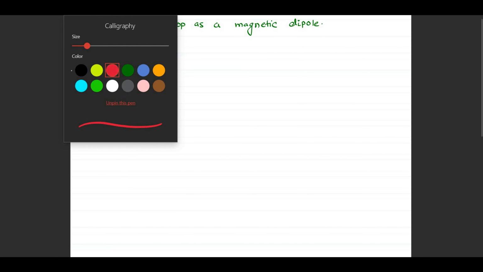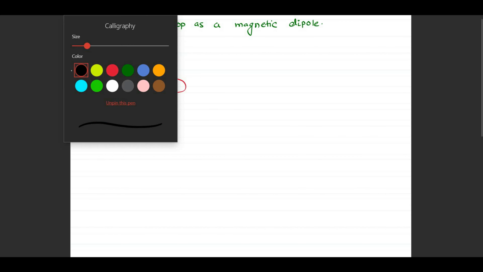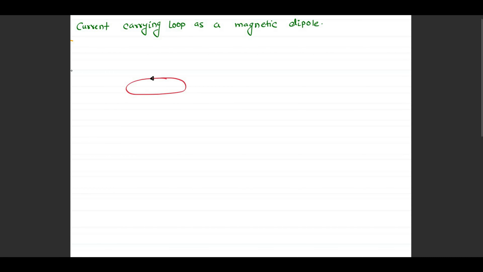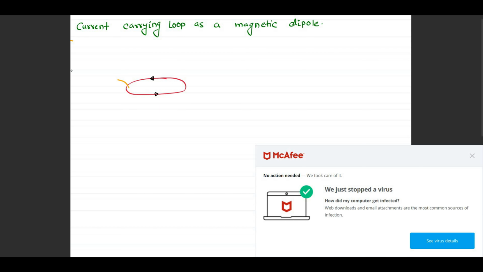Now we discuss current carrying loop as a magnetic dipole. Now suppose we have a current carrying loop carrying current in this manner. We can say there will be field lines like this.